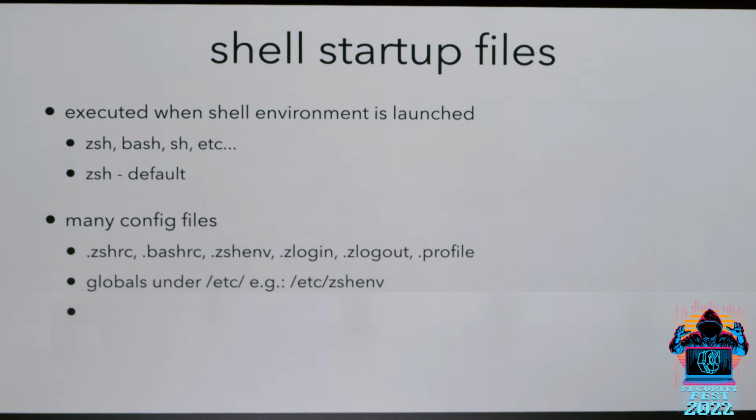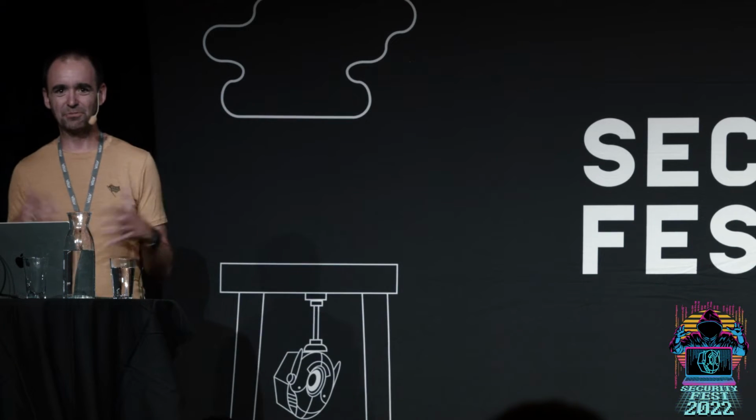This can be a common persistence for not just macOS, but basically any Linux-based system, Linux, Unix, anything that has ZSH, Bash, and all these shell environments. On macOS, ZSH is the default, although it still has the older ones as well. All these shell environments have various config files, like probably .zshrc is the most common one.